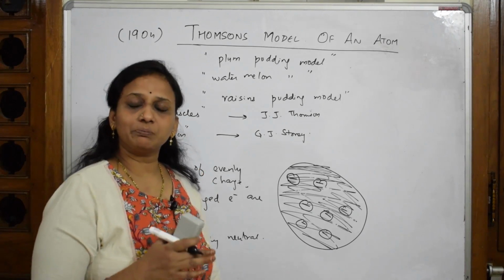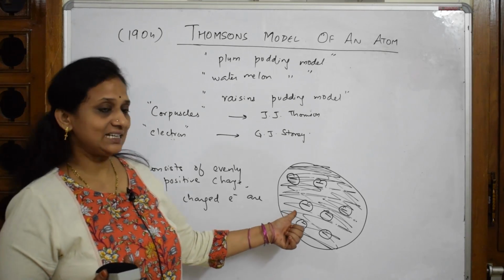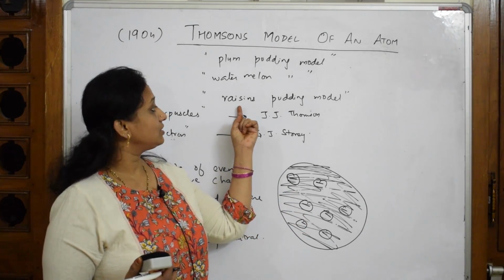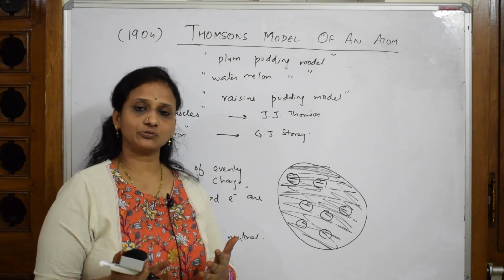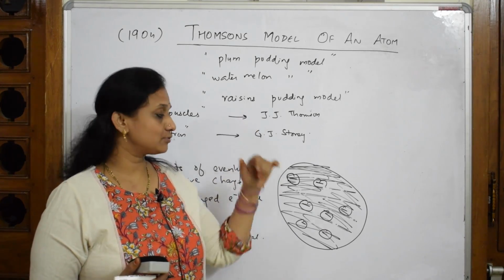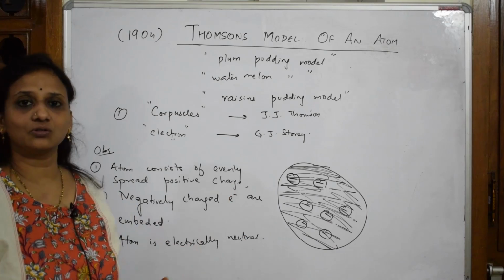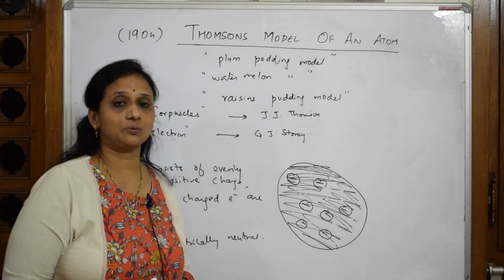The red pulp present in the watermelon is compared to your positive charge, and the black seeds are compared to the negatively charged electrons. Raisins also are the same. The whole mass of the cake is compared to the positive charge, and the raisins or dry fruits are compared to the negative charge. That you can all write, but what is important is corpuscles. He has called the electrons corpuscles.